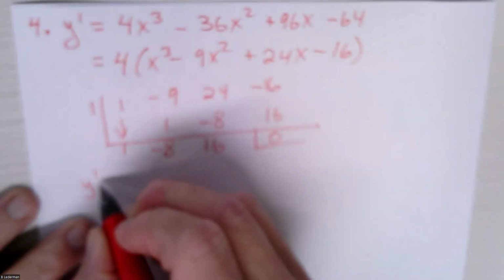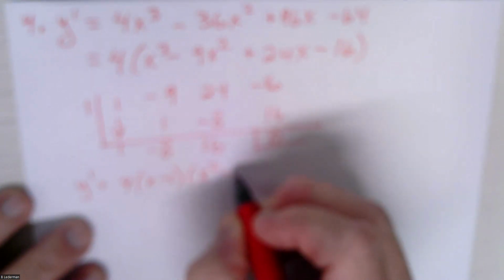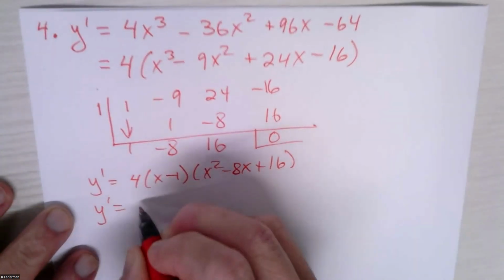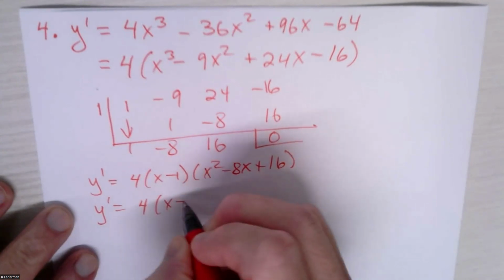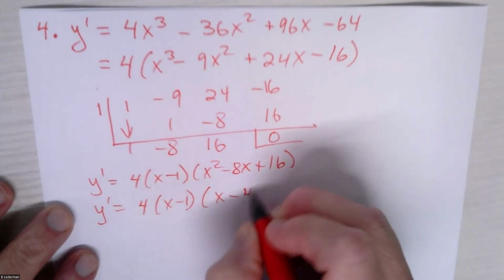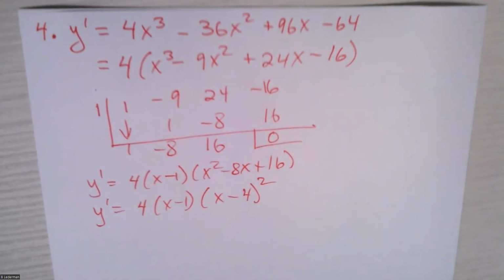So y prime is equal to 4 times x minus 1 times x squared minus 8x plus 16, which is 4 times x minus 1 times x minus 4 squared. And again, I just factored that quadratic.